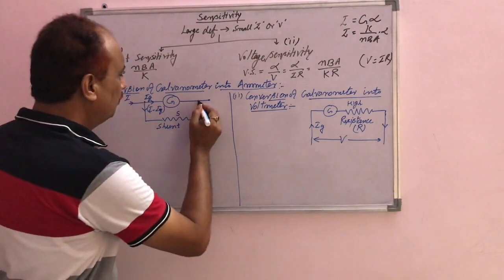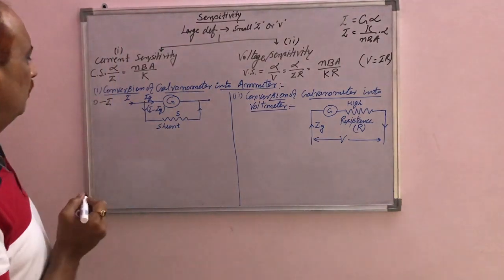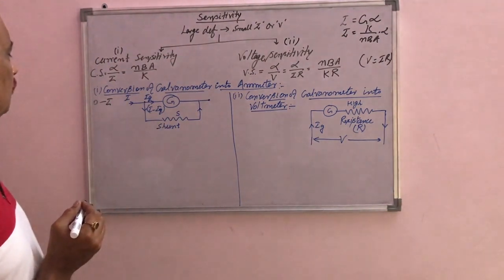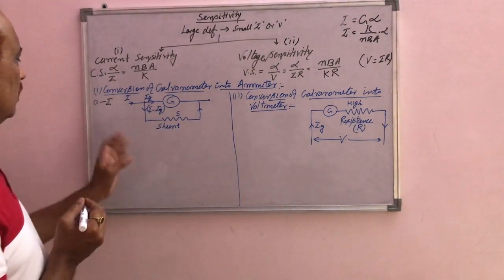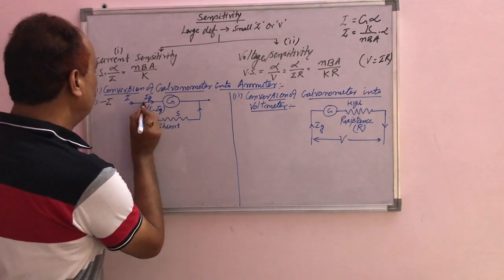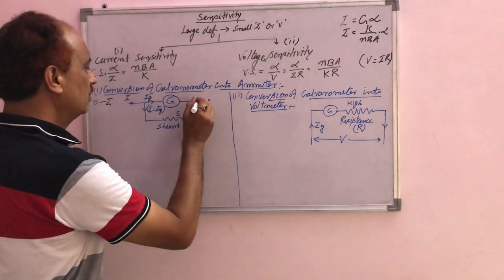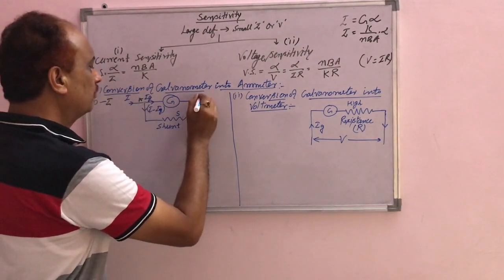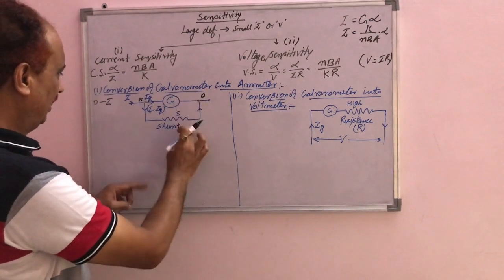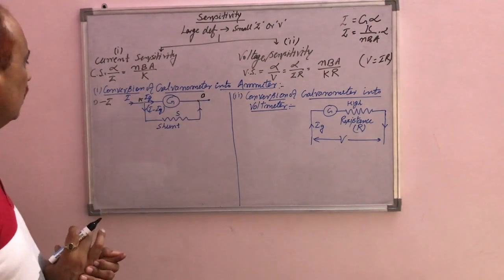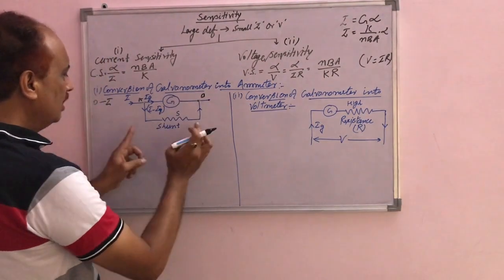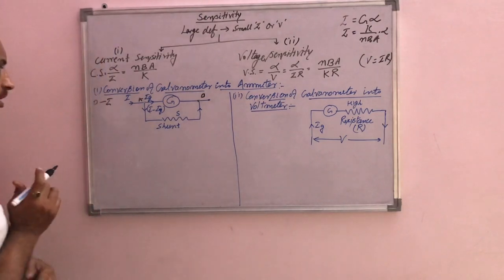Then we can find out the value of the shunt resistance. So what will be the voltage produced between two points, say point A and point B, between which the two resistances G and S are connected parallel to each other? We have to find the potential produced across AB through G and through S.